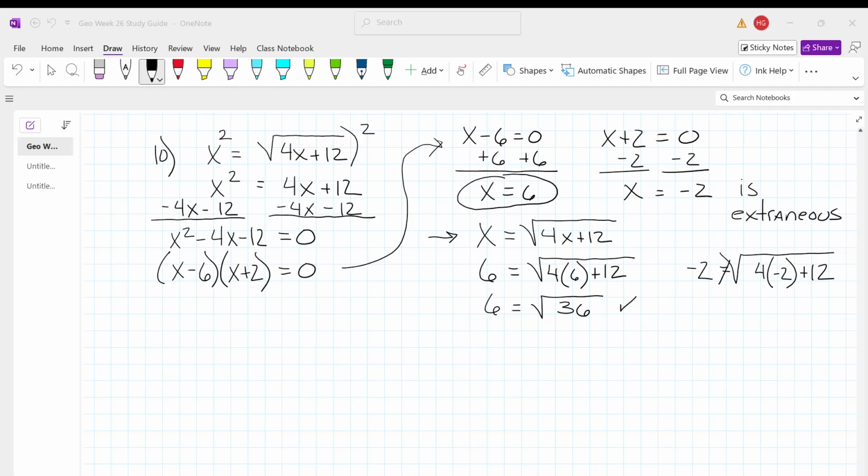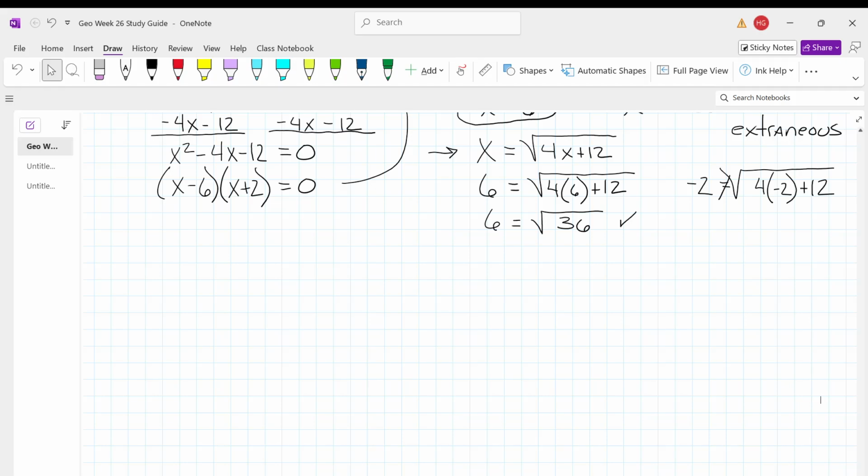All right, problem number 11. You're asked to simplify the rational expression, state any excluded values, and we have 4x minus 8 over 4x plus 20.